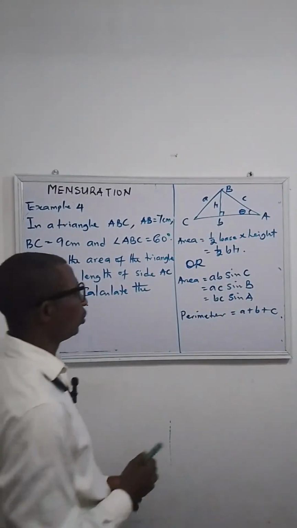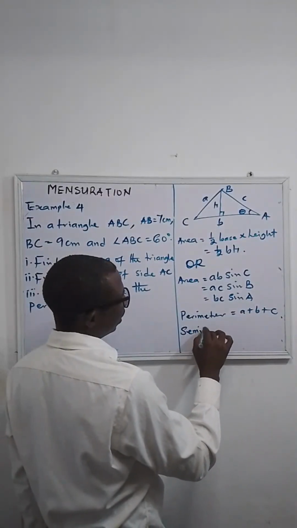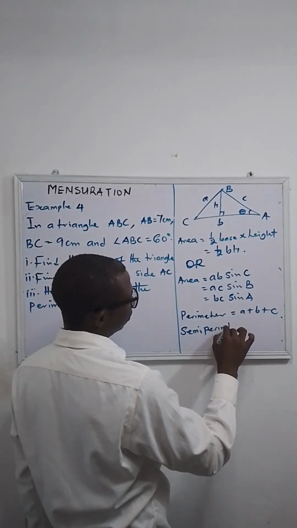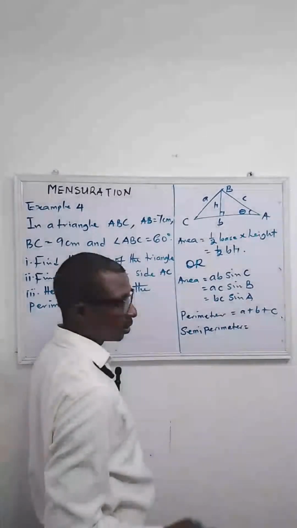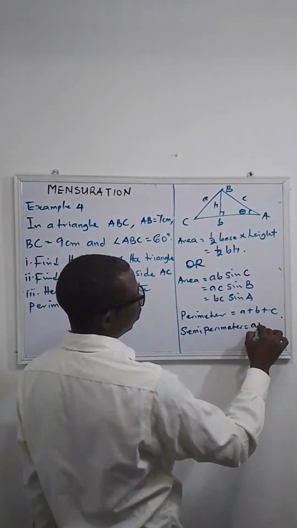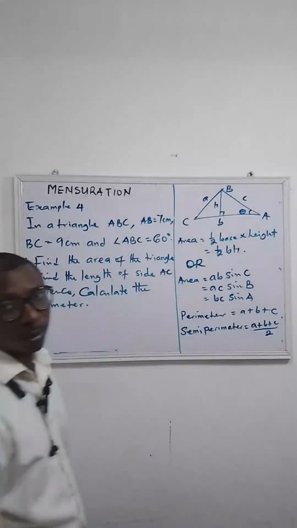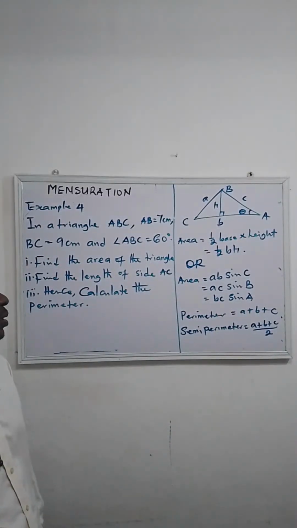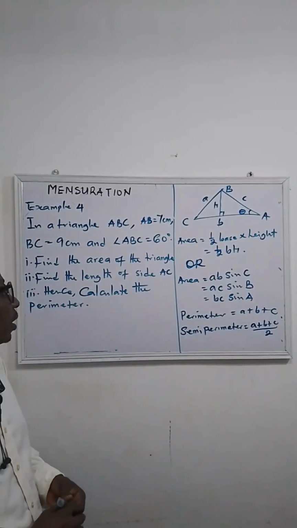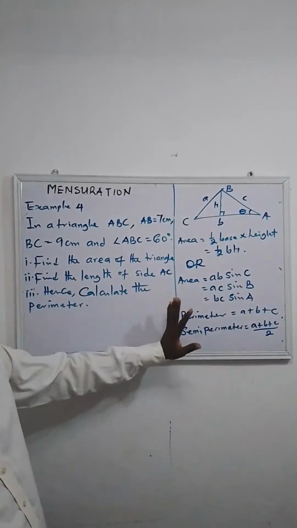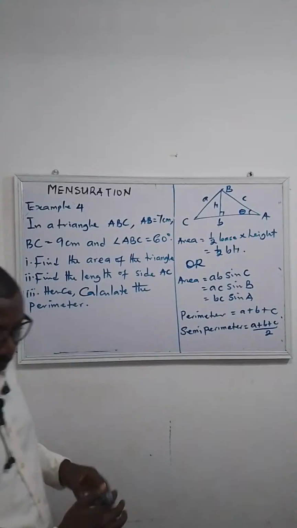I can also show you the semi-perimeter, which is a plus b plus c over 2. So put all of these down. If we understand this, it's going to help us in solving this problem.